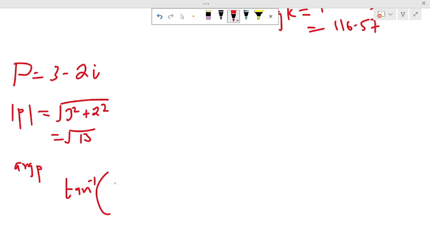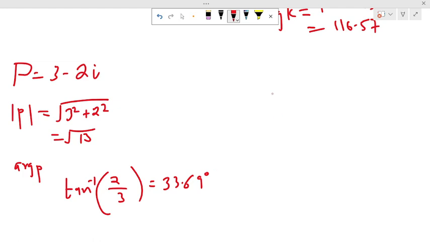So we will say tan inverse of 2 divided by 3, and that is going to give us 33.69 degrees. Now this is not the argument of p. Why? Because we did not consider the sign of the complex number.